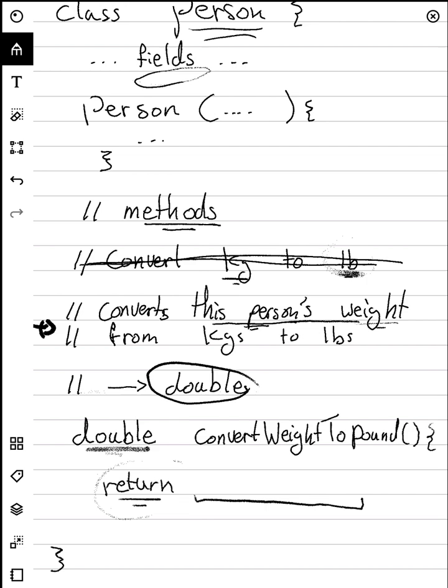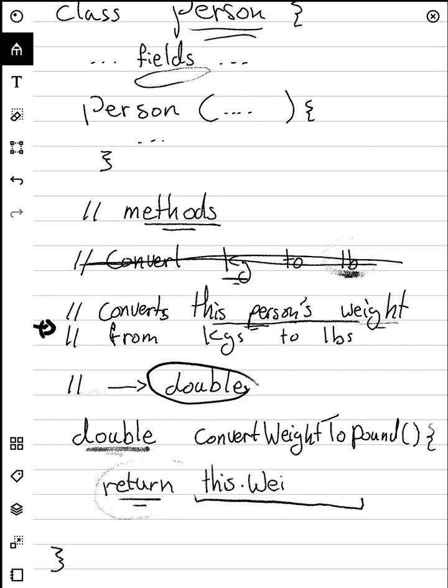And what is it going to return? It's going to return the person's weight multiplied by that number, right? Right. How do we access the person's weight? We should refer to it by this.weight. Precisely.